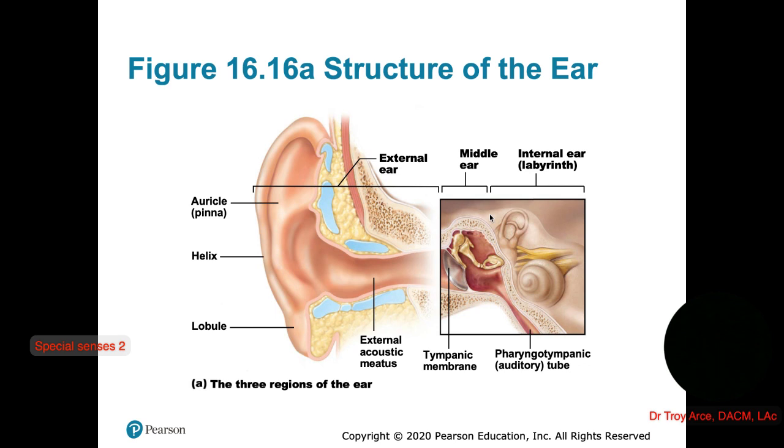The middle ear includes the space just past the tympanic membrane, and then you've got your incus and different hearing devices in there, and then you have your internal ear, which is your labyrinth, and the pharyngotympanic auditory tube. We'll go over some of those parts here.